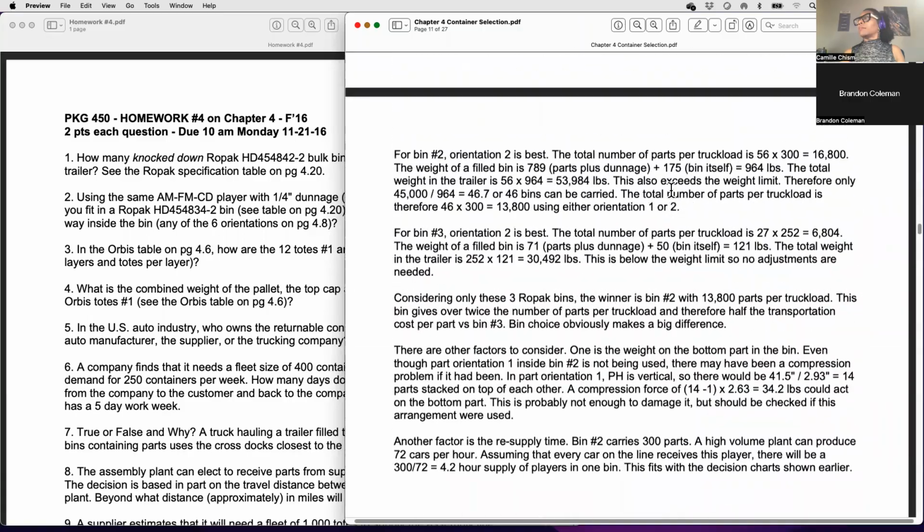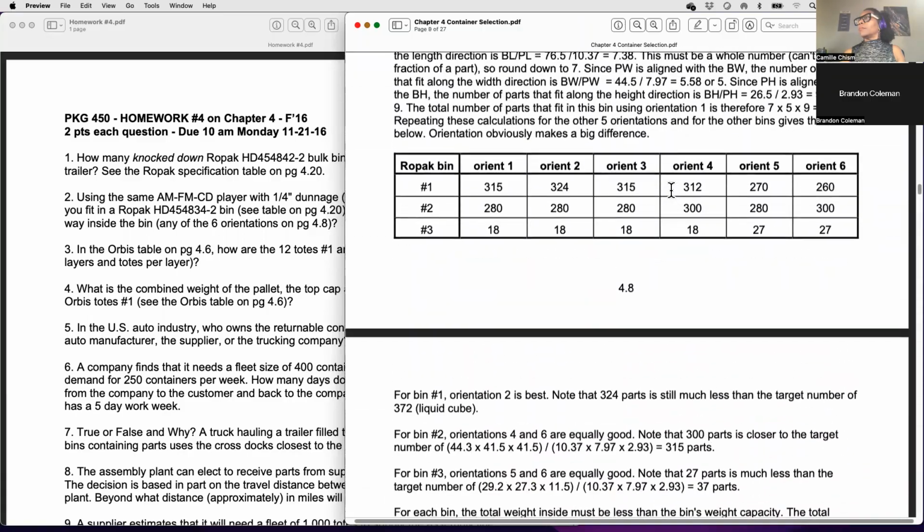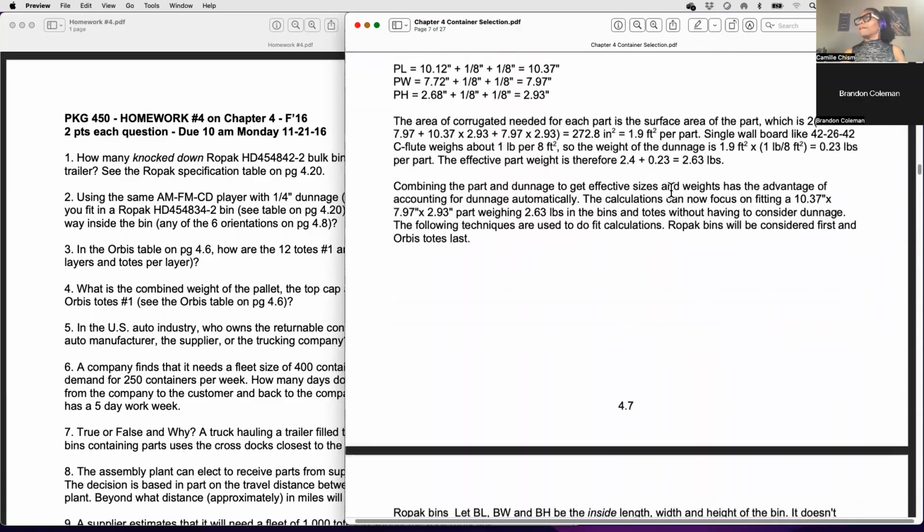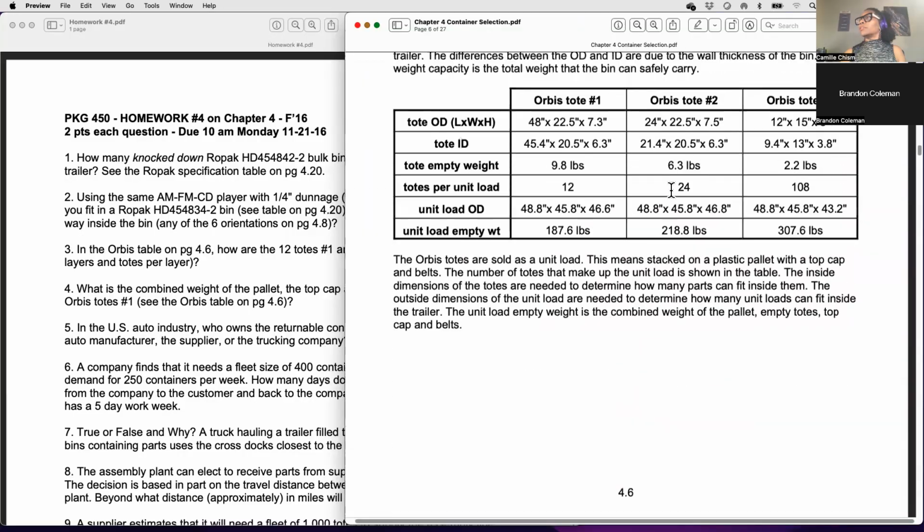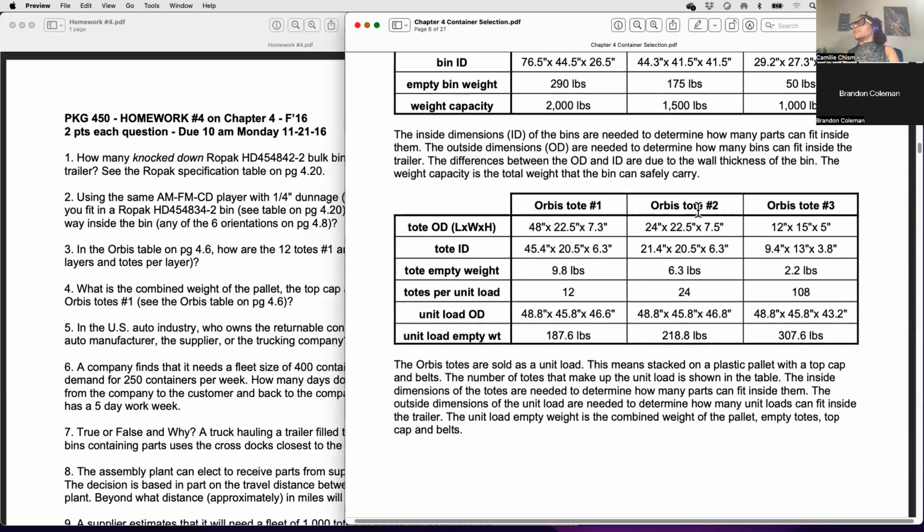Let's go back to that table again with our bins. You'll see you'll be using this quite a bit. So these are our totes, and you can see the outside dimension is 46.6, 46.8, or 43.2. That is the outside dimension, the height of each bin.